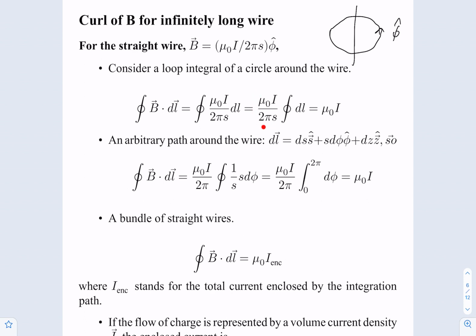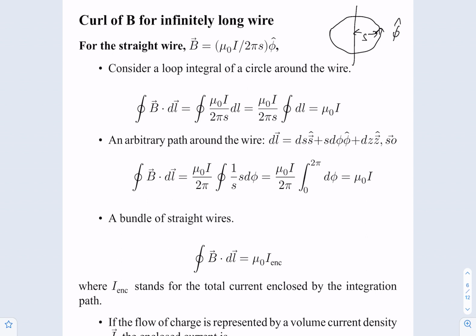This is a constant, so it can be pulled out of the integral, and what's left over is the closed loop integral of dl, which is simply the circumference of this path. So it's 2 pi times s, where s is the separation here, or the radius.